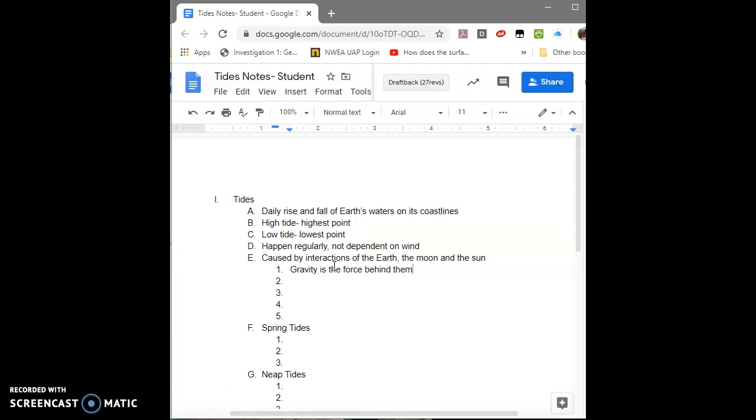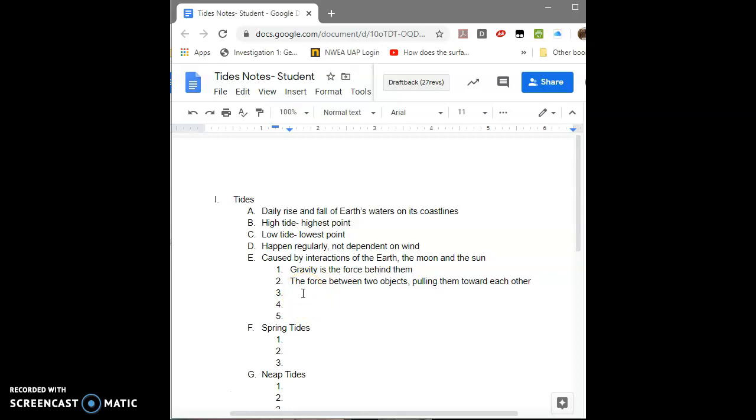Okay, gravity, you'll learn more about this in 8th grade science, but it's the force between two objects pulling them toward each other. Every object that has mass has a gravitational pull on another object. So the more mass an object has, the more gravitational pull it has.